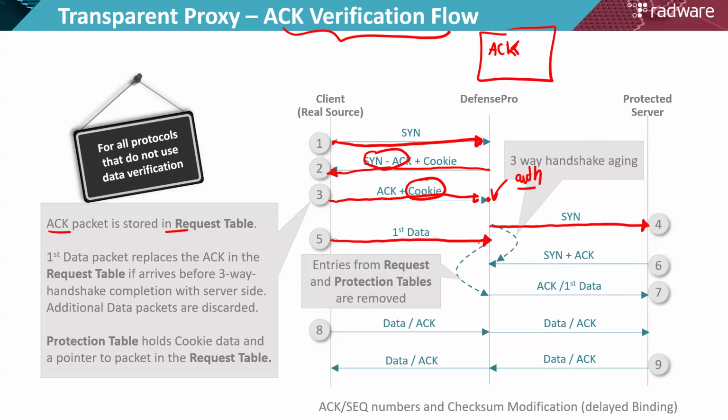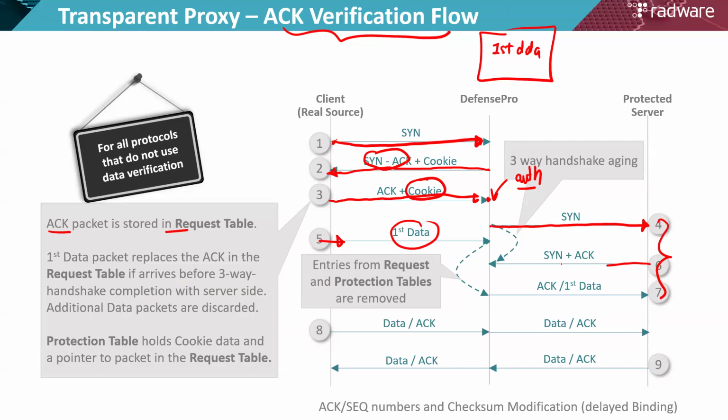The first data packet replaces the ACK in the request table if it arrives before the three-way handshake is completed with the server side. So in that case, we replace the ACK with the first data packet.